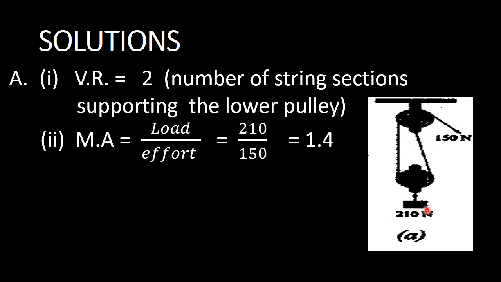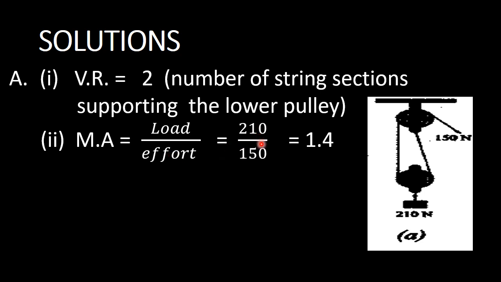So you divide 210 by 150, it will give you the result of 1.4. Remember that mechanical advantage is a unitless quantity, so there is no need to put a unit at the end there, because the units of force, which are the newtons, have cancelled out in the calculation here.